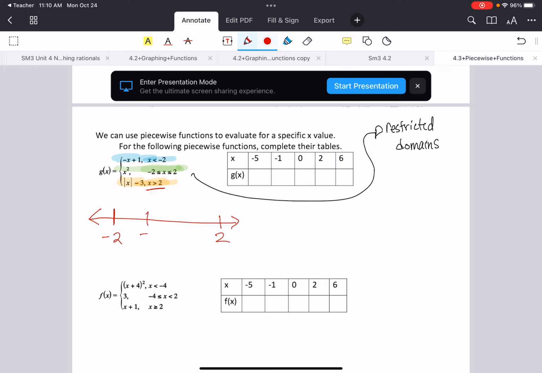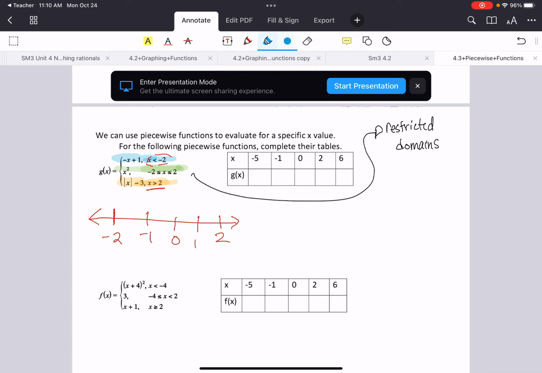Then you can write in the rest: -1, 0, 1. How did you get that? I look at the first restricted domain, and it gave me x is less than -2. And the last one gives me the highest number, which was 2. So our number line has all of those numbers.